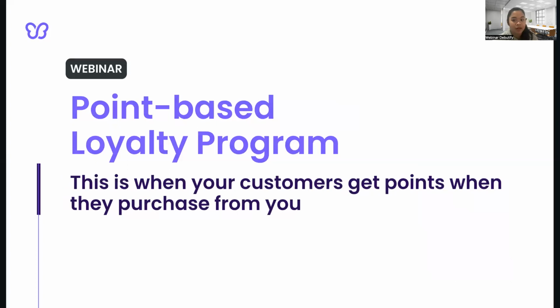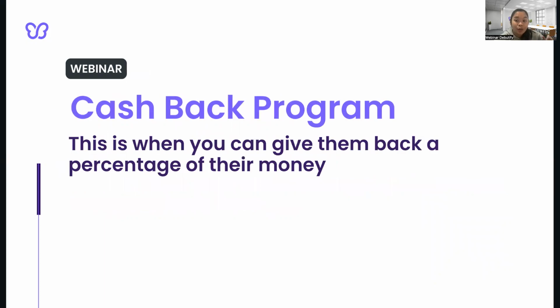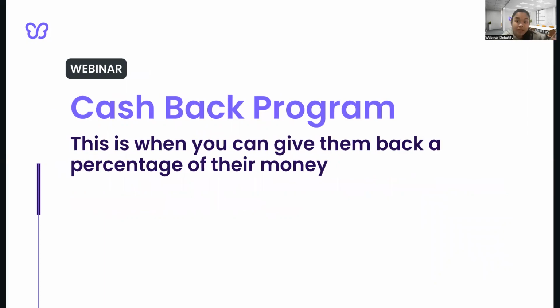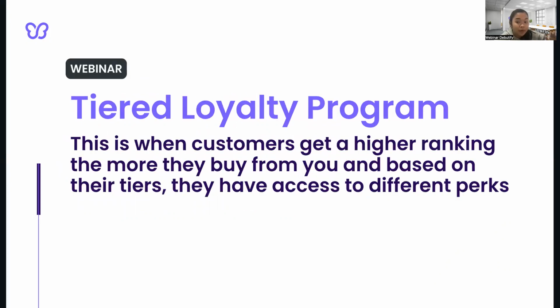Point-based loyalty programs are when your customers get points when they purchase from you. They can use these for perks such as payments and discounts and so much more. Cashback programs are when you give your customers a percentage of their money back. And tiered loyalty programs are when a customer gets a higher ranking the more they buy from you, and based on these tiers, they can have access to different perks.